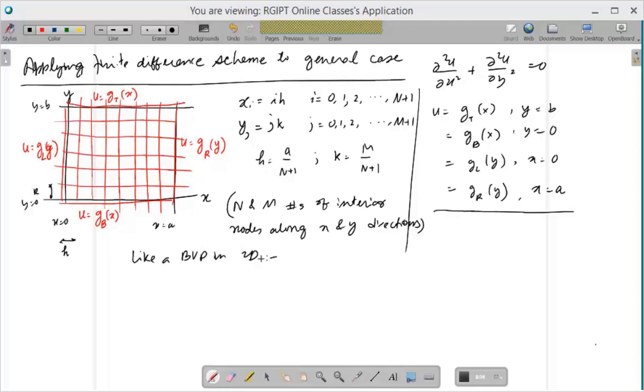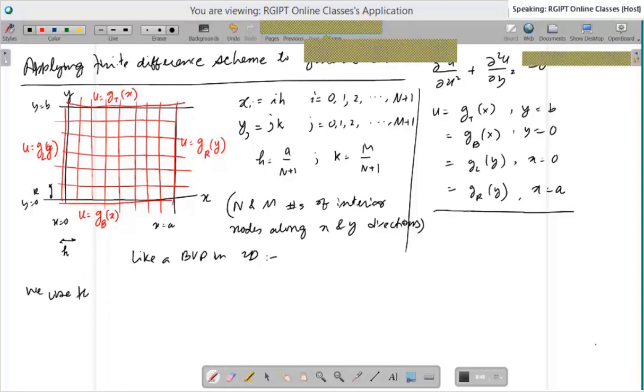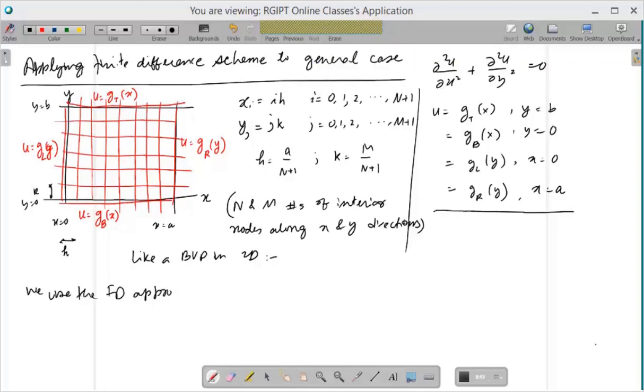Now what we do is we discretize the equation, and we use a centered difference scheme. Actually, we use a finite difference approximation for the second derivatives.